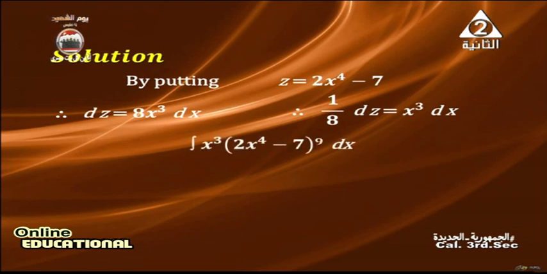We have integration x power 3 multiply 2x to the power 4 minus 7 all to the power 9 dx.